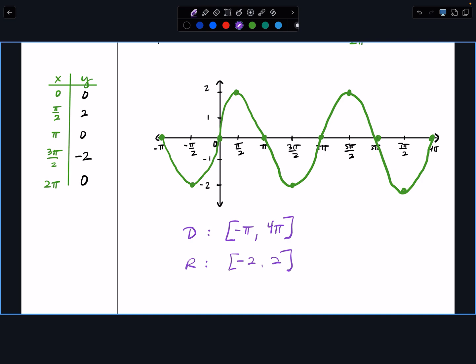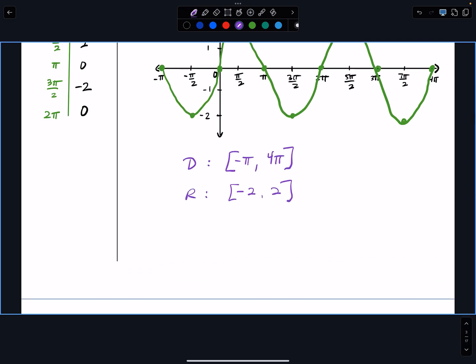Okay. Make a note right here. We call this a vertical stretch at the beginning, right? We don't use that language for trig graphs.